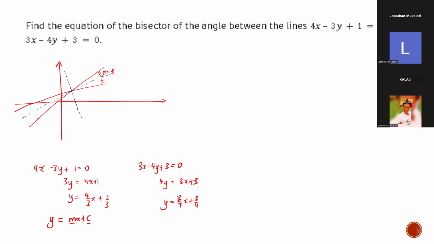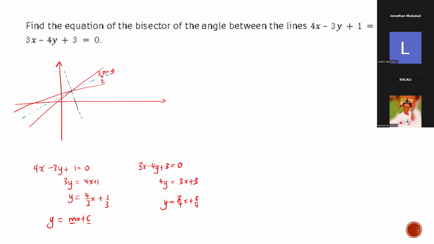It's important to know how to sketch lines because it gives you a better insight as you approach the question. Mine isn't to scale, but it's accurate, if that makes sense. If I were to actually sketch the lines to scale, then it would look something like this.